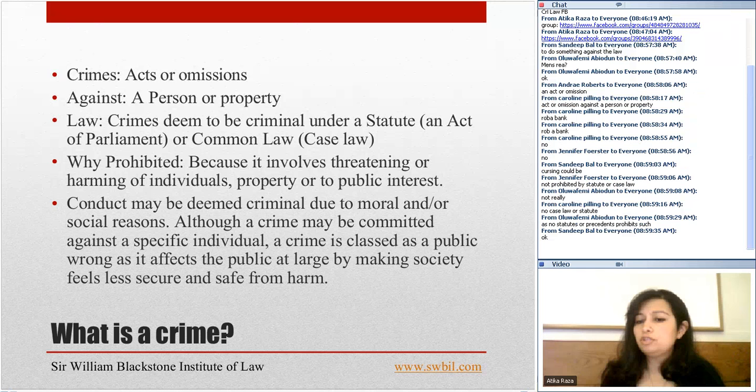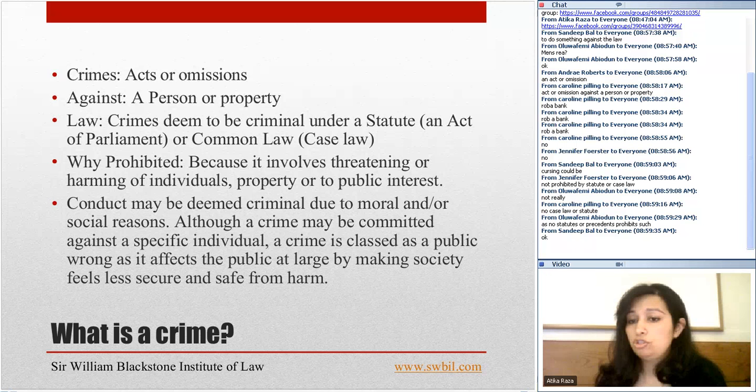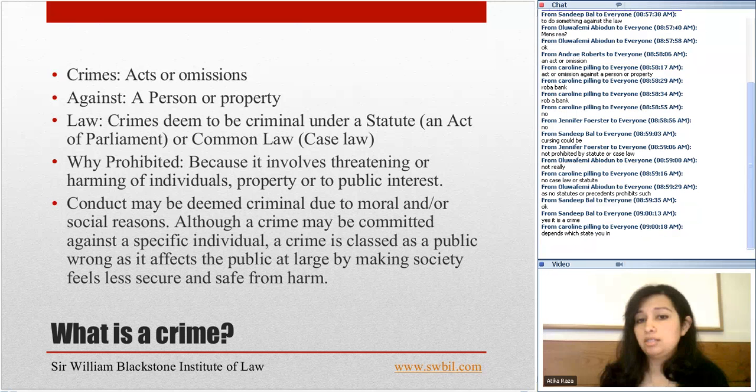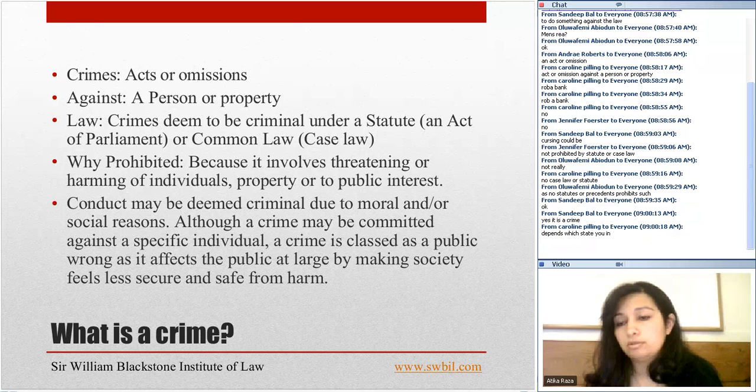Okay. How about possession of marijuana, pot, or any drug that is illegal? You're not using it, but you just have it in your pocket and you're going to go out and sell it in a college dormitory. Yes, it is a crime. If selling or using drugs is prohibited in your state or country, depending on which state you're in, of course.